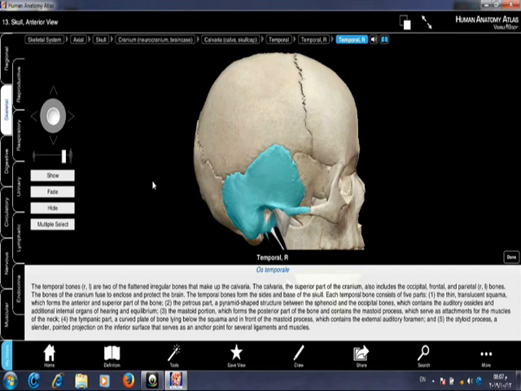Number three, the mastoid portion, which forms the posterior part of the bone and contains the mastoid process, which serves as attachment for the muscles of the neck.